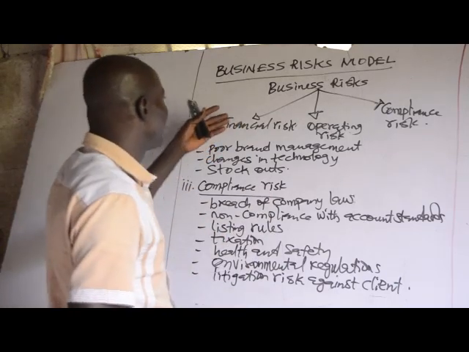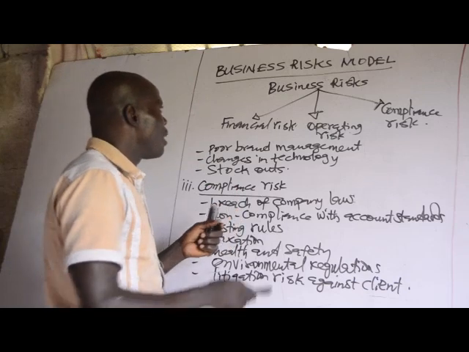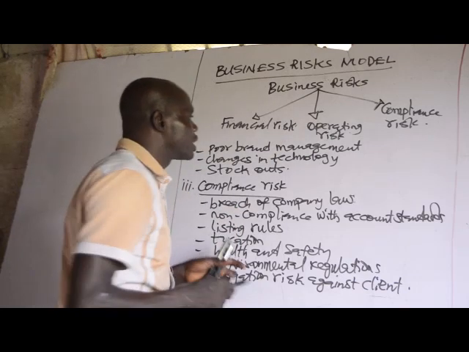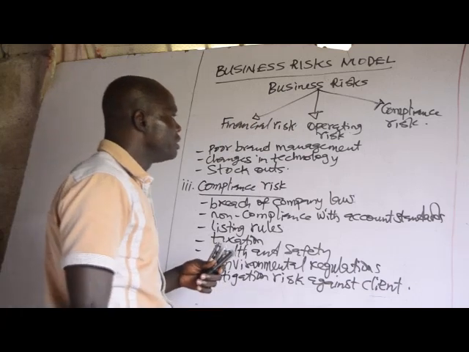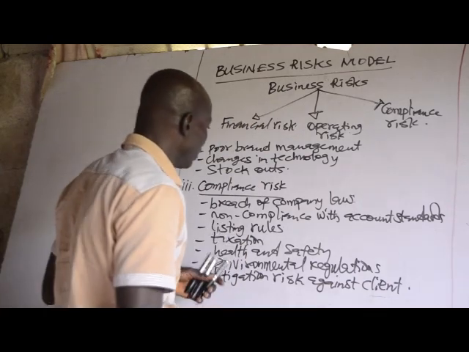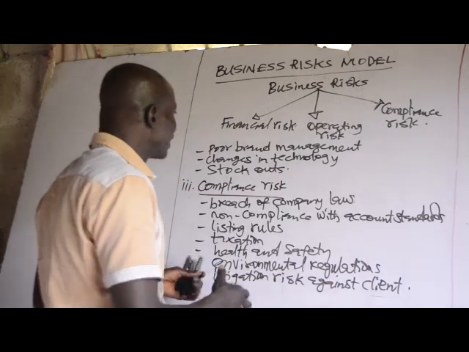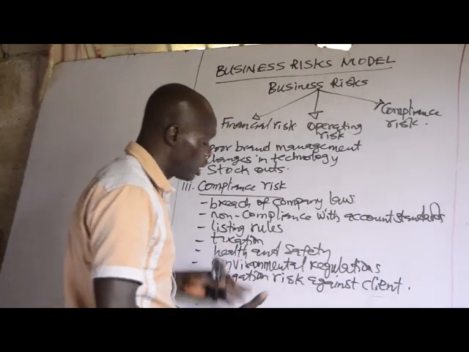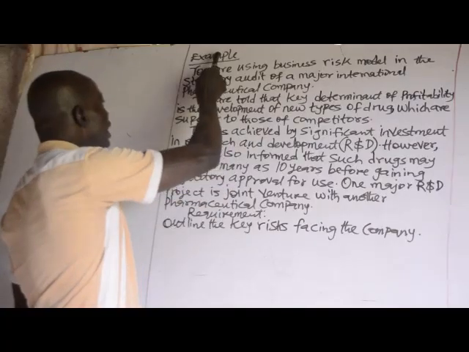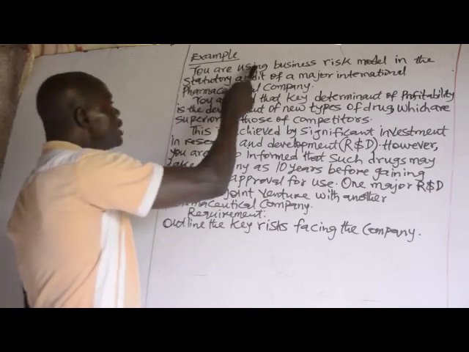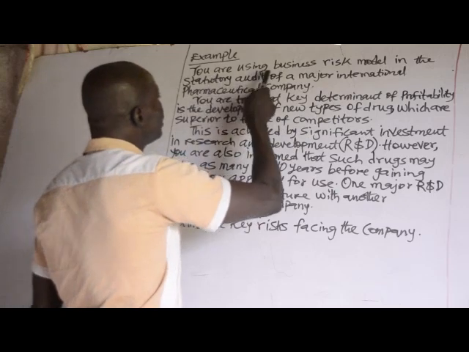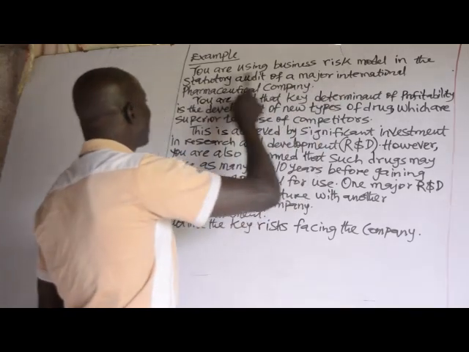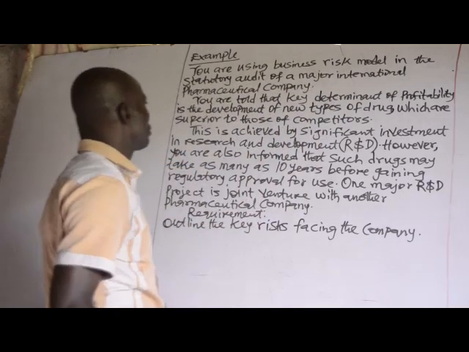Having examined the three different forms or classifications of business risk, which include financial risk, operating risk, and compliance risk, I therefore want to solve an examination question as a worked example. You are using the business risk model in the statutory audit of a major international pharmaceutical company.